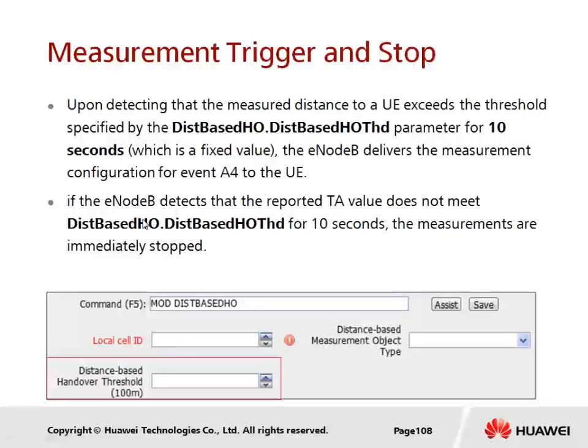If the eNodeB detects that the reported TA value does not meet the distance threshold for 10 seconds, then the measurements are immediately stopped. The distance is measured based on the reported timing advance value, the TA value, so these are all detected by the eNodeB.